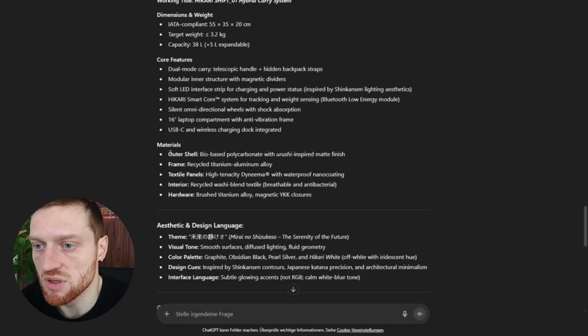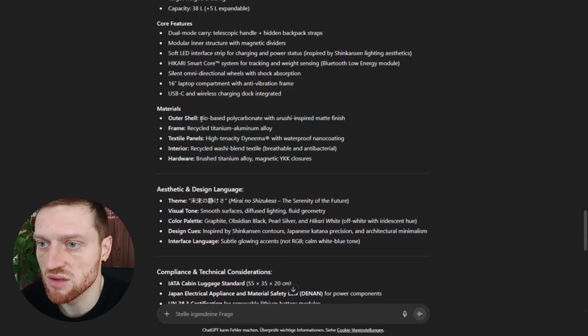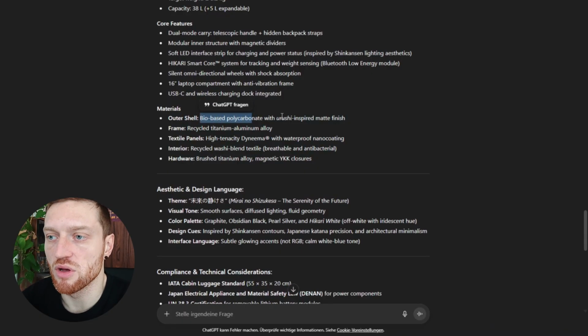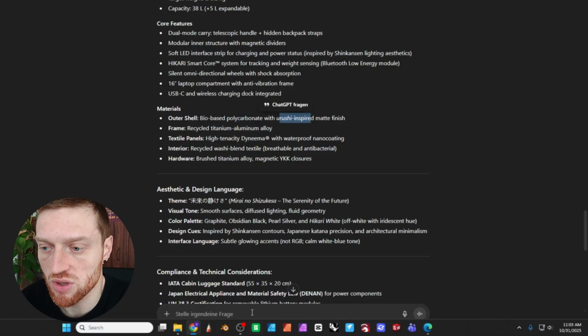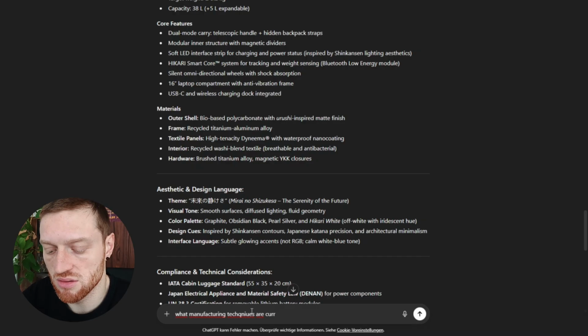And then we have the materials here. And now the cool thing is we know, okay, the outer shell is bio-based polycarbonate with a certain finish. Now we can also ask what manufacturing techniques are currently used.